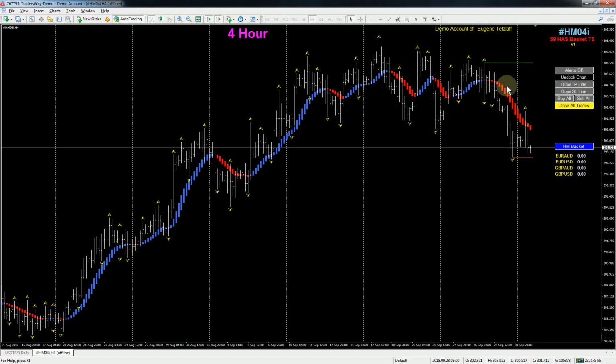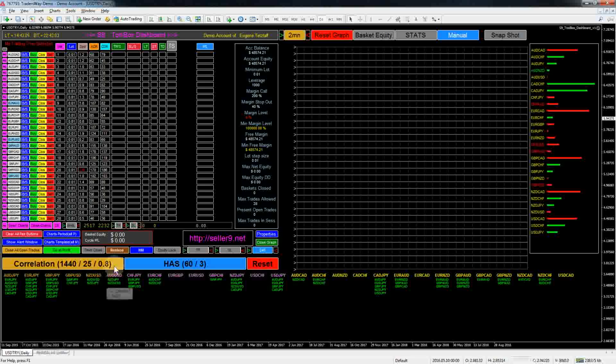But once you open a trade, once it breaks through, you can always click on the take profit line or the stop loss line and put your own take profit or stop loss. Or in this case, since we're trading a basket, a good practice is to go back here and turn on the stop loss. Now remember, this is a stop loss for each individual pair.